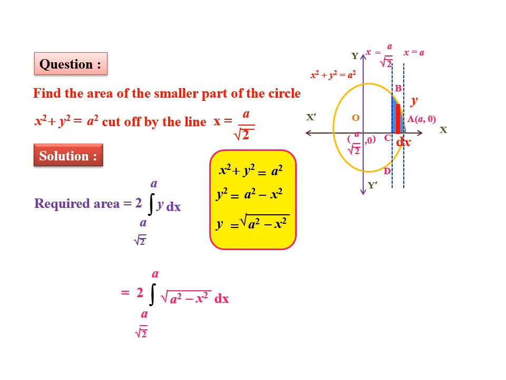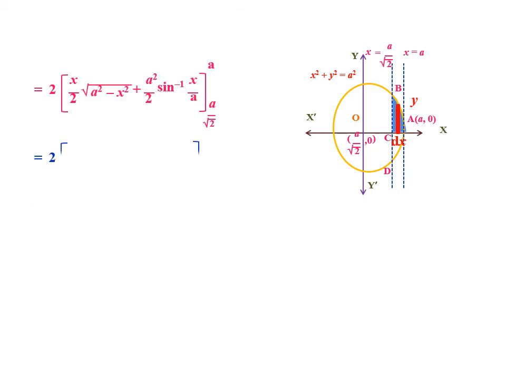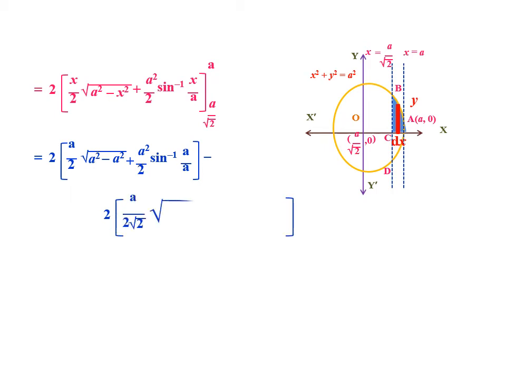So substituting and simplifying we get further, x by 2 root of a square minus x square plus a square by 2 sine inverse x by a, with limits from a upon root 2 to a. At x equal to a we get a by 2 root of a square minus a square plus a square upon 2 sine inverse a by a, and the other limit is a upon root 2.